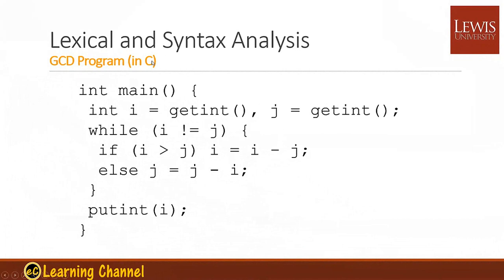So here we are given a GCD program. This GCD program is in the C language. Some of you already submitted some GCD programs. So tell me what algorithm this guy uses.